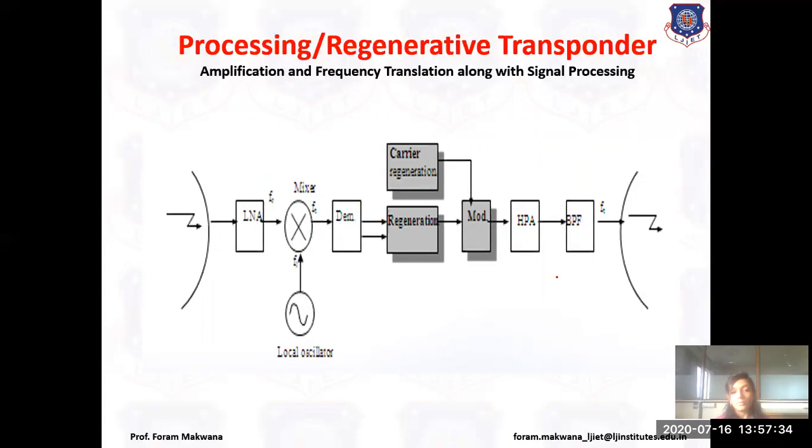Apart from that, one block is added, called the high power amplifier. That high power amplifier amplifies the signal, which is then passed through a band pass filter, and then transmitted with the help of the transmitting antenna to the receiving earth station. All right, so this is called the regenerative transponder.